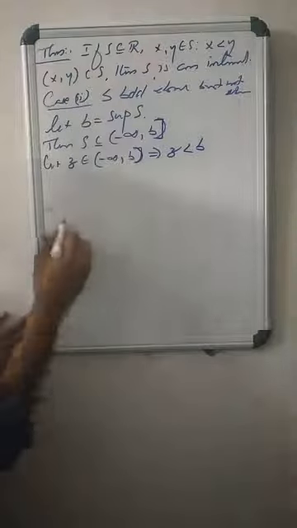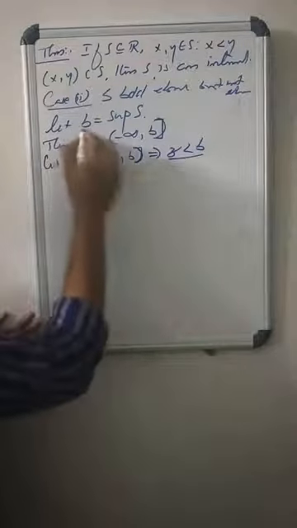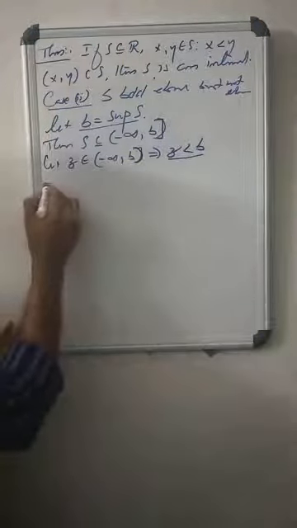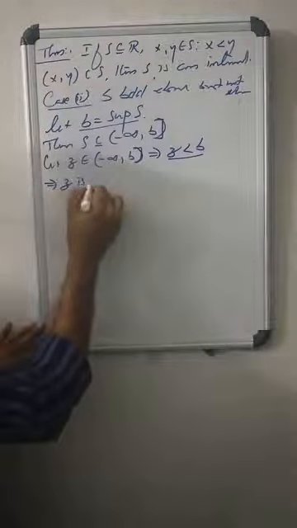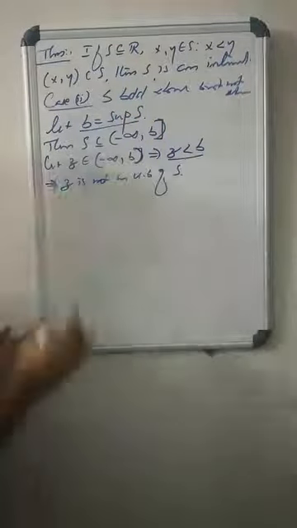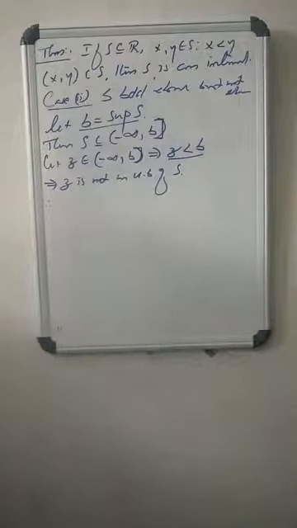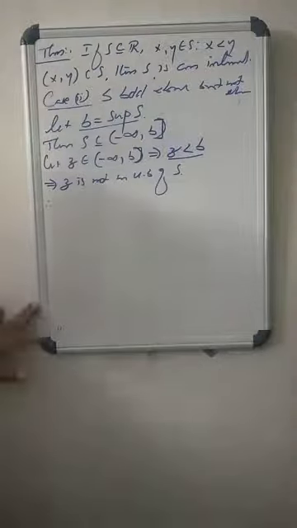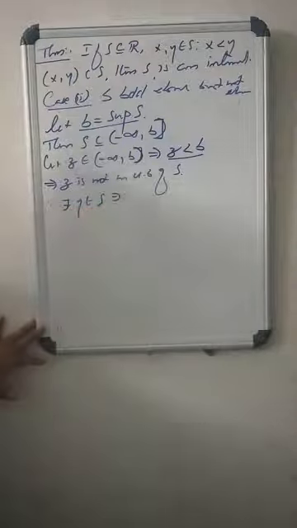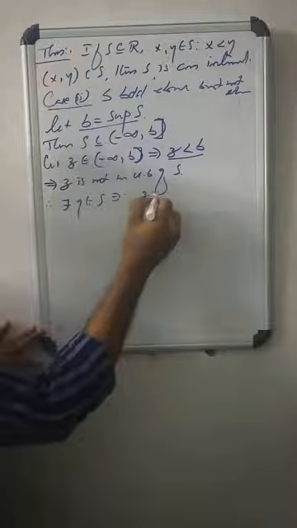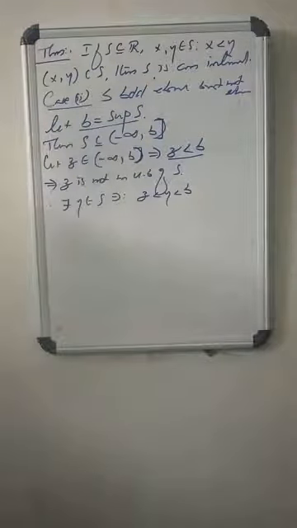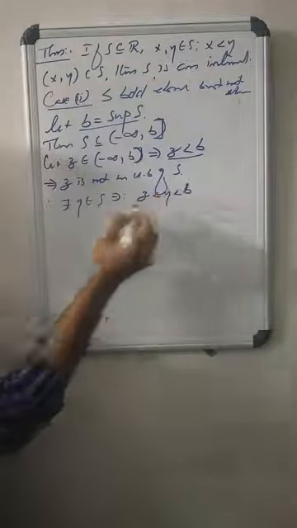Now consider z < B, but what is B? B is the supremum of S, so z is not an upper bound of S. Therefore, by the previous argument, there exists some y in S such that z < y < B. But S is not bounded below.